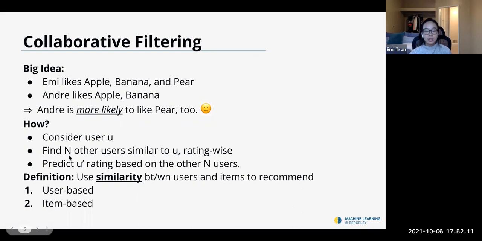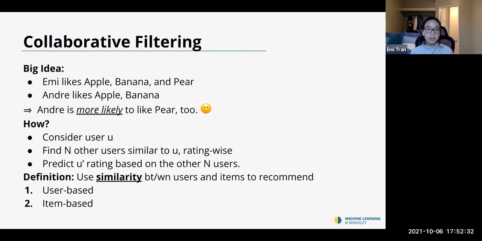So find n other users that are similar to this unknown user U. After you find all the n similar users, get all those n users and predict U's rating based on those n users.